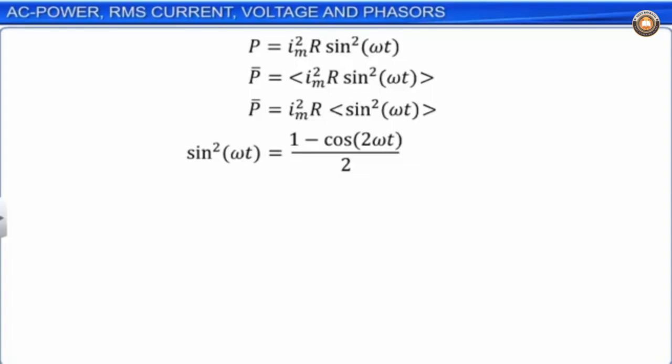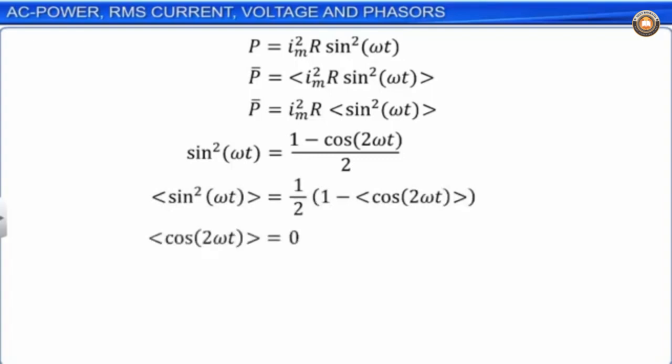Therefore, the average of the required expression is given as shown. However, the average value of cos 2 omega t over a complete cycle is 0. This makes the average of the sine square omega t over a cycle as half. Therefore, the average power dissipated over a cycle is half of Im square R.